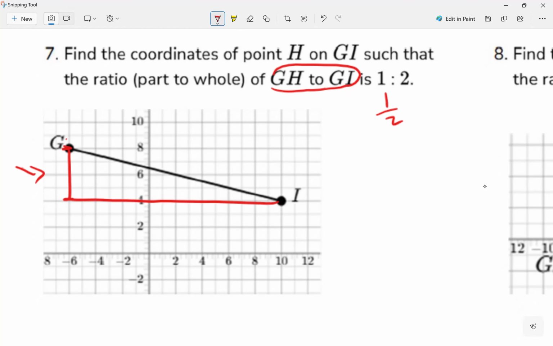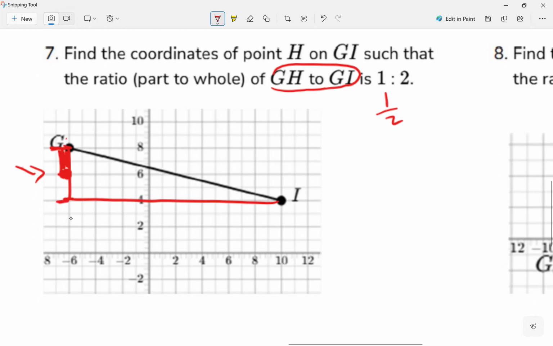I'm going to break it into 2 parts, and I'm going to use one of those parts, which is the half, right? There, I broke it into 2 parts, and I'm going to use one of those parts. Okay, so that's going to be the length that I'm going to need.